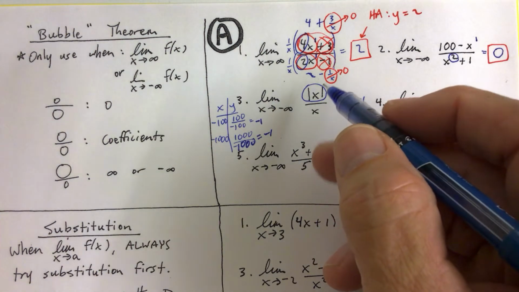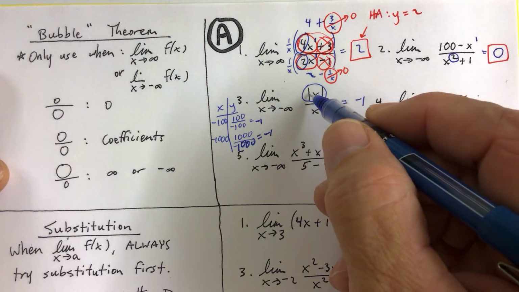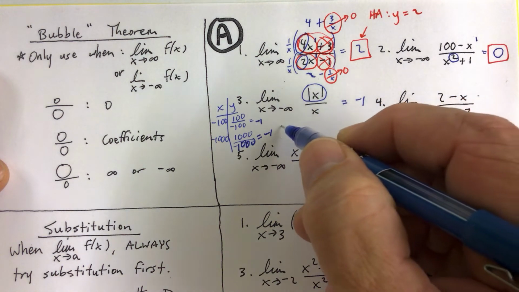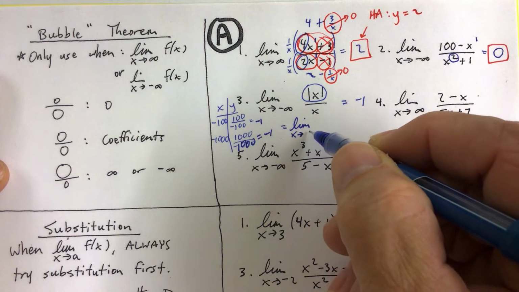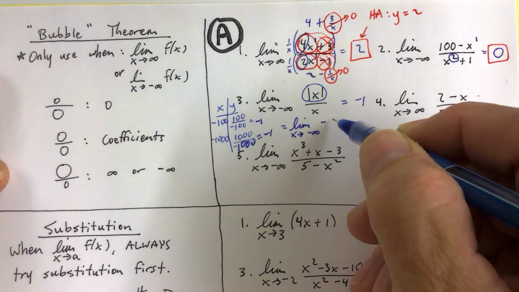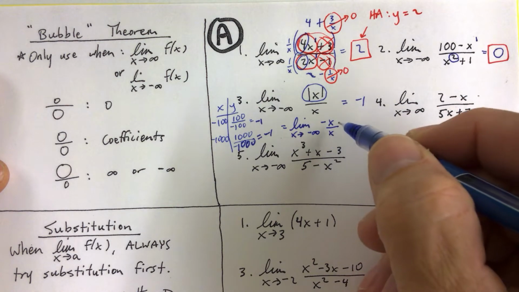But the other way to look at this would be if you take the absolute value of a negative number and you wanted to rewrite that absolute value expression without the absolute value bars, you could just replace the absolute value of x with the opposite of x.